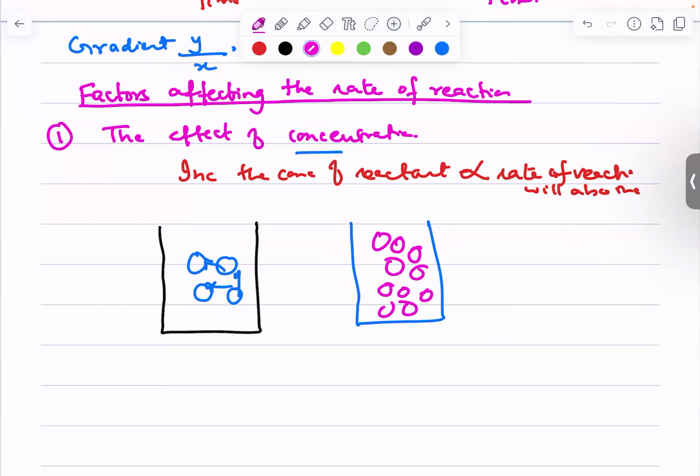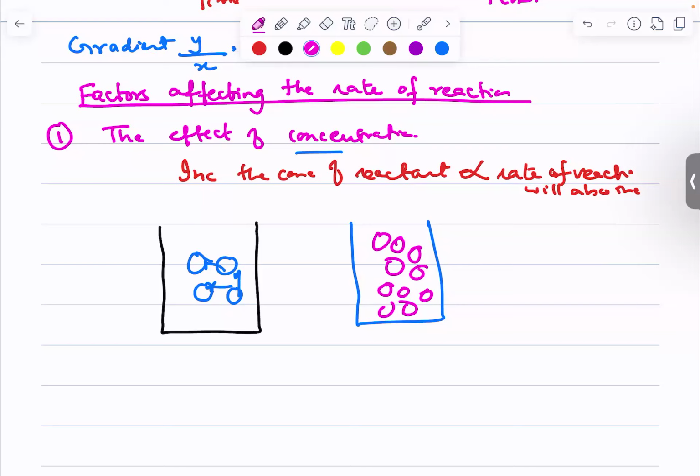For example, Anika, you must have watched that game of bumping cars. What do you think? If bumping cars would be less in number, there would be less chances of collision with each other. If there would be more bumping cars in that area, there would be greater chances of collision.